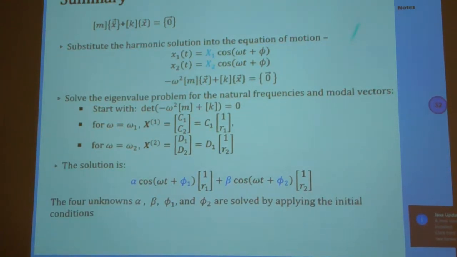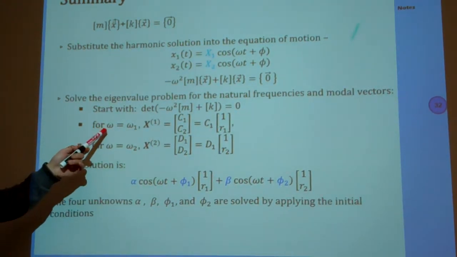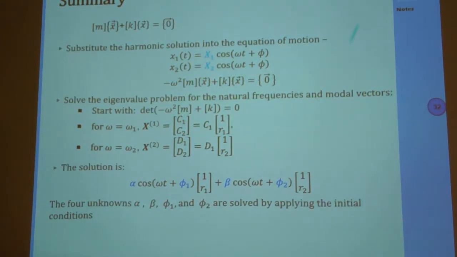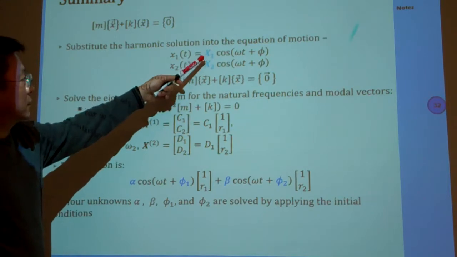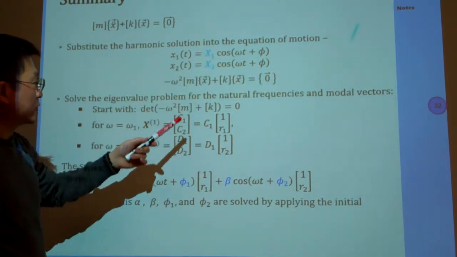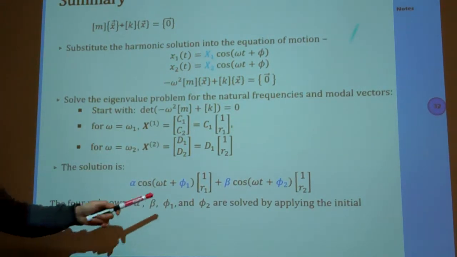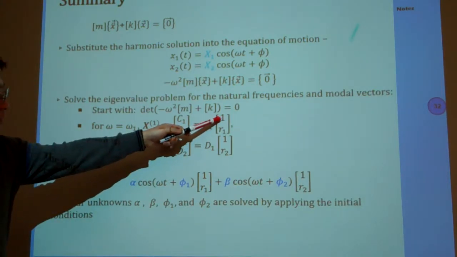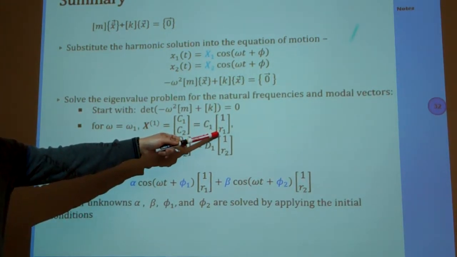Once the natural frequencies have been solved, for each of the natural frequencies we can solve for the relations between the amplitudes. The relation between the amplitudes is called the eigenvector. For example, for omega 1, the relation is 1 to R1.